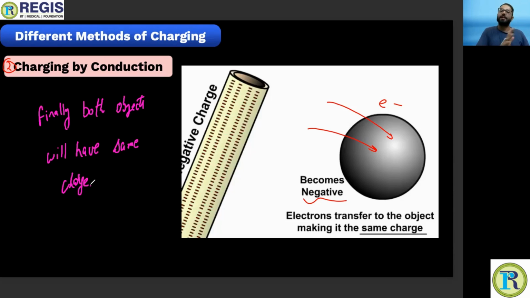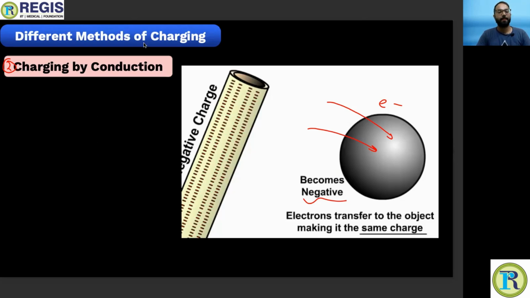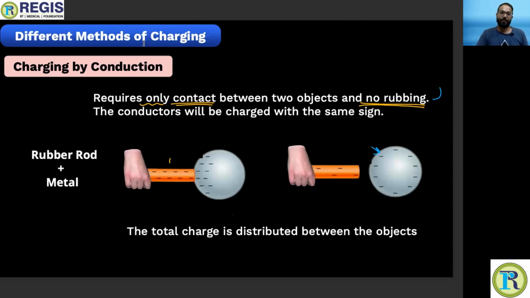After that, the transfer of electrons from one object to another will stop. Again, in conduction, there will be physical touch between two objects, but this time the charge will be the same.